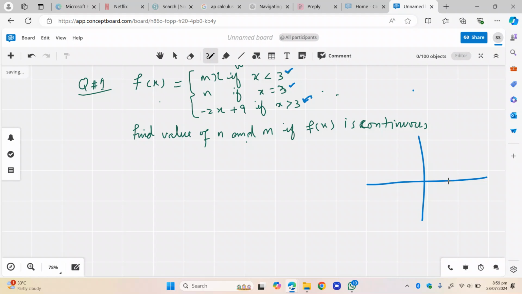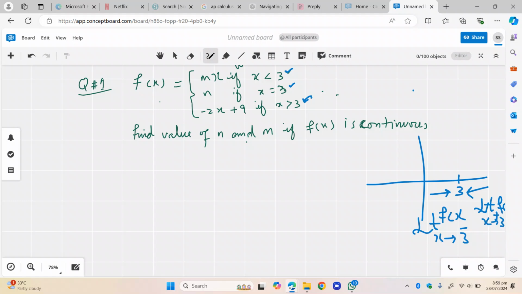So that's what continuous function means. For example, if we have 3 over here, and we approach 3 from the left side, that would mean the limit of f of x as x tends to 3 negative. And if we approach from here, that would mean the limit of f of x as x tends to 3 positive.